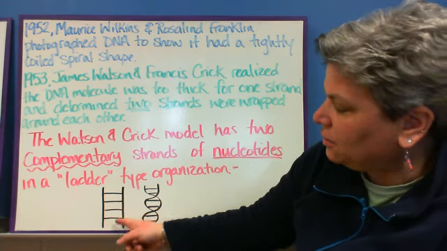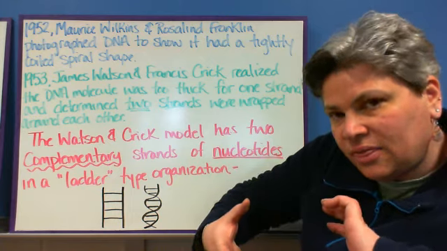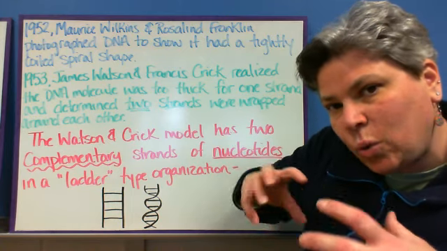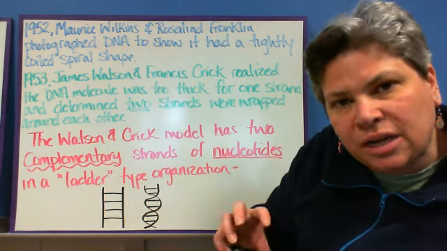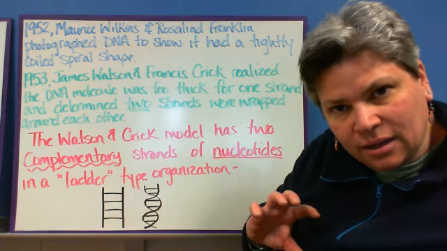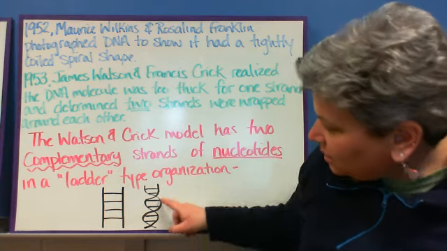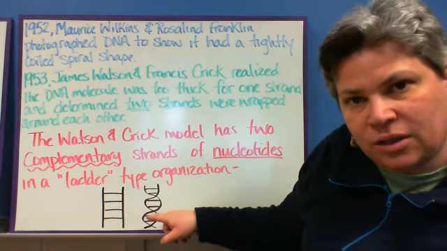So I drew a ladder like what we're familiar with when we think about a ladder, but remember, the picture told us that it was twisted. It's like a spiral staircase. So take a regular ladder and twist it. And so what you end up with is a spiral staircase. This is the structure of the DNA molecule.